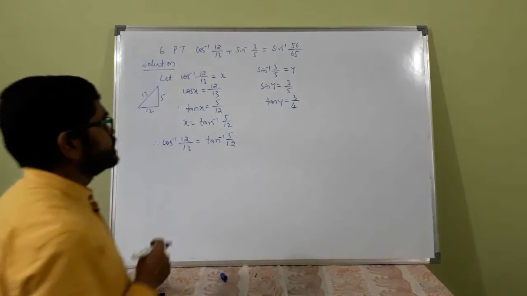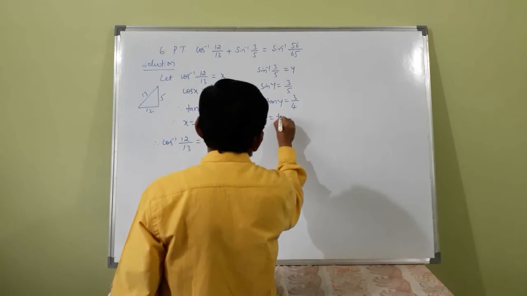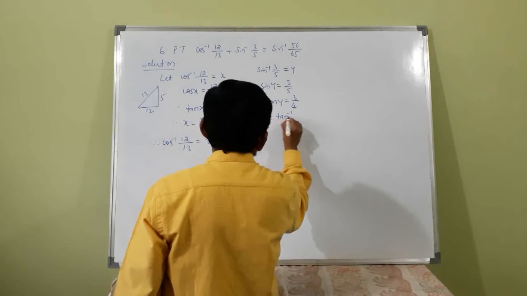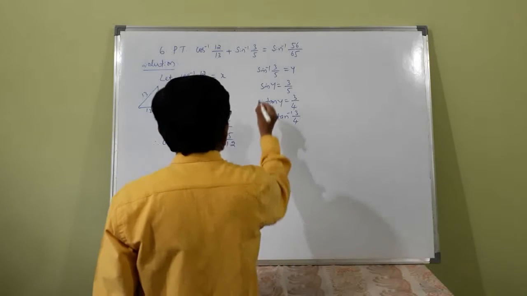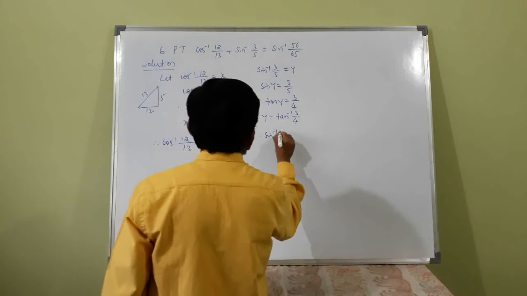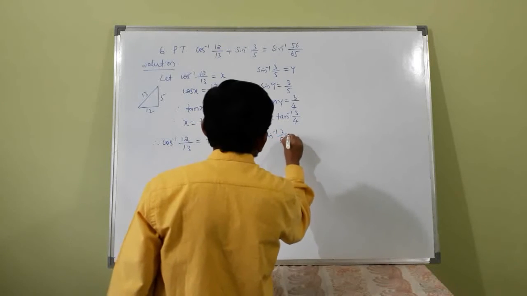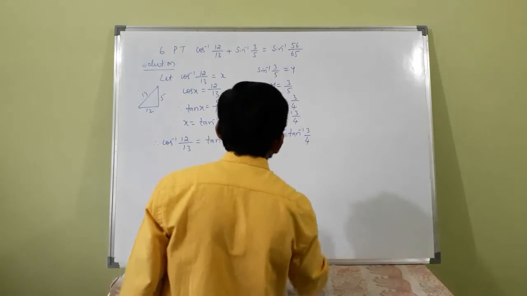The other side will be 4. So y is equal to tan inverse of 3 by 4. Therefore sin inverse of 3 by 5 is equal to tan inverse of 3 by 4.